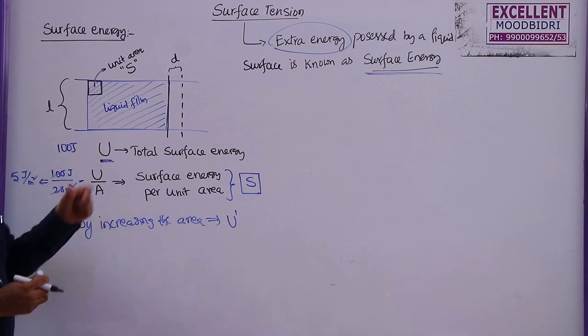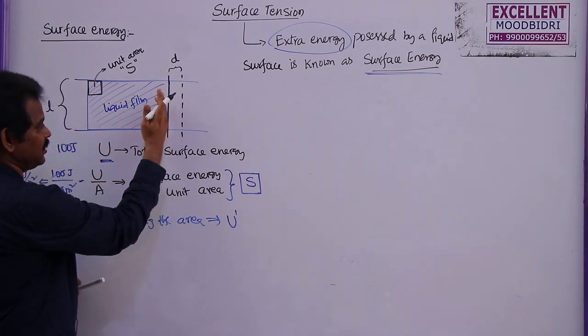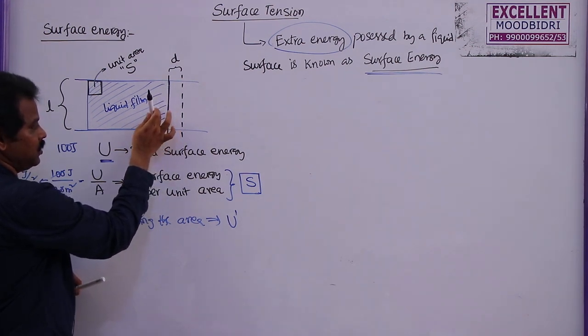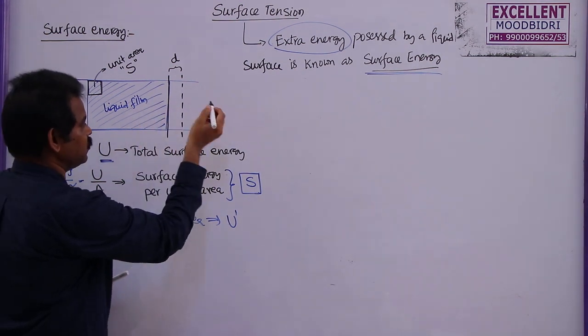So what is the work done by me against the internal force? This rod is kept here. There is a force of attraction between this and the liquid, that is adhesive force. So I am doing work against that adhesive force or internal force.